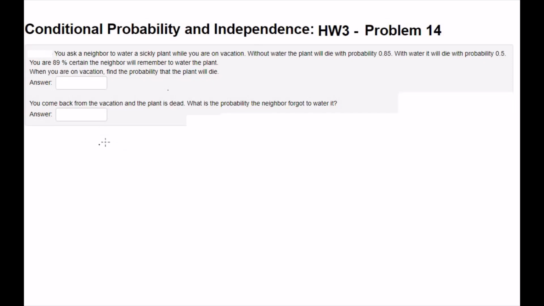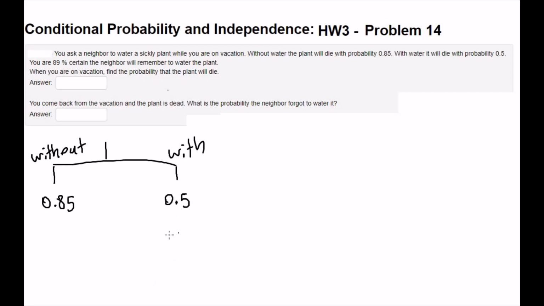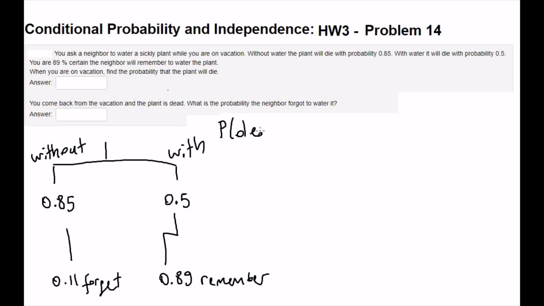Let's make a tree branch. So we know that 85% sure that the plant will die without water, and we know that the plant will die with 50% with water, and we're sure that the neighbor will remember 89%. So the remainder, we are sure that the neighbor will forget, 11. So we're calculating here the probability that the plant is dead by the Bayes theorem.